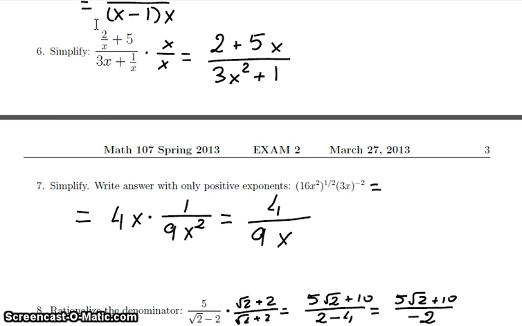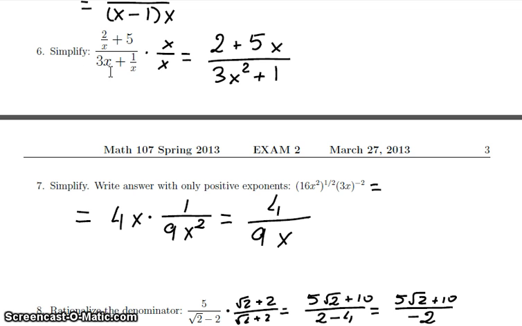Simplify 2 over x plus 5 divided by 3x plus 1 over x. One of the ways to simplify it is by multiplying the whole top and the whole bottom by x. So technically we're expanding this rational expression. So now if you multiply the entire numerator by x, you're going to get 2 over x times x gives you 2, plus 5 times x gives you 5x.